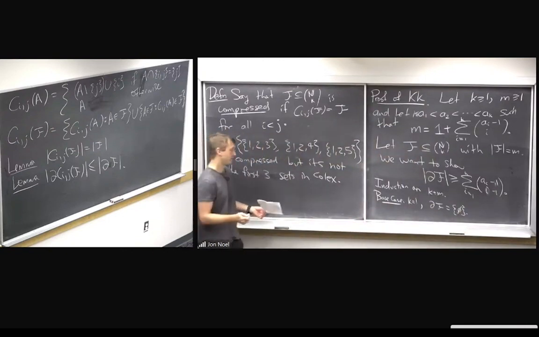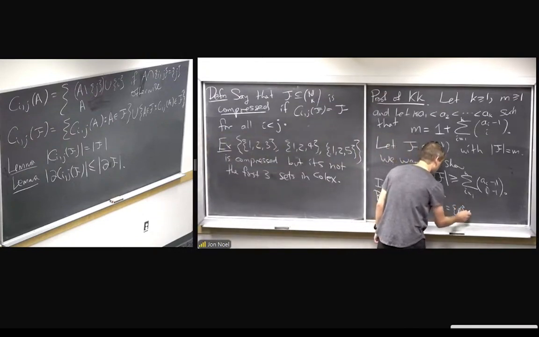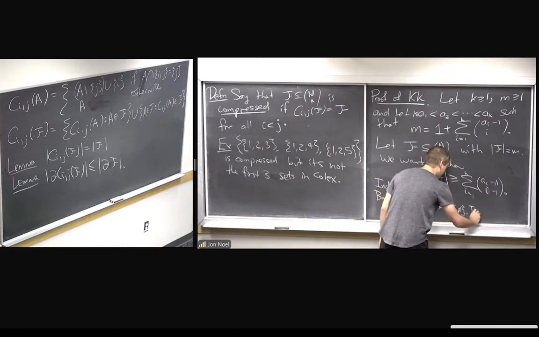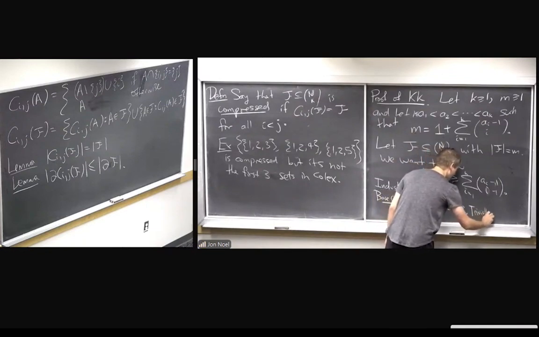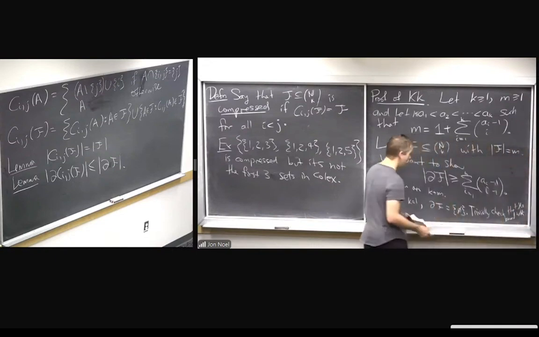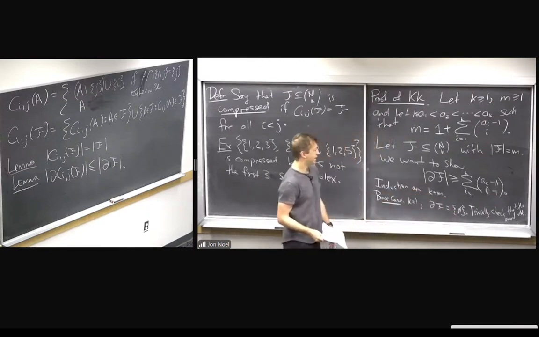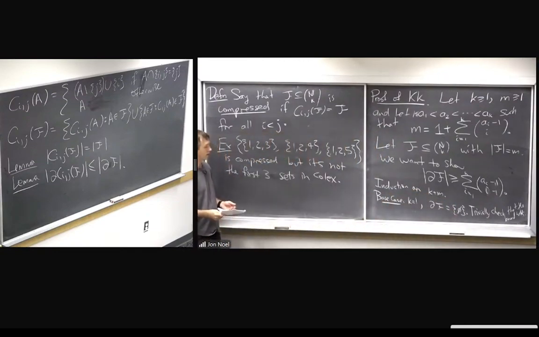And so you can trivially check that the bound holds. I mean, it boils down to the fact that anything choose 0 is 1, and the shadow has size 1. So, yeah. You good with that so far?